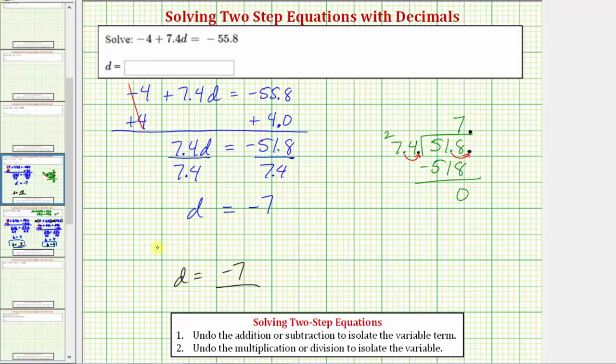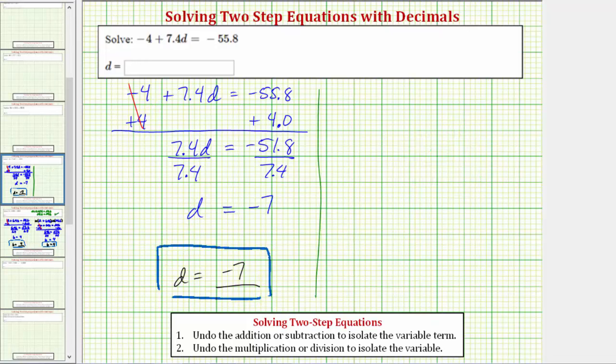Now let's solve this equation again by first eliminating the decimals from the equation. Starting with the original equation, because we have at most one decimal place, we can eliminate the decimals by multiplying both sides of the equation by 10.